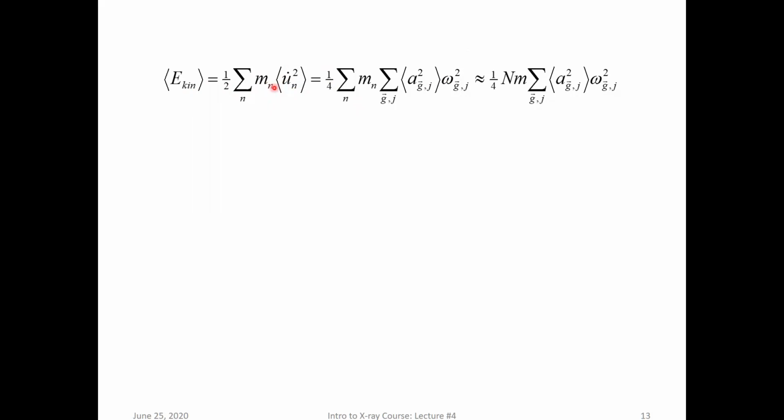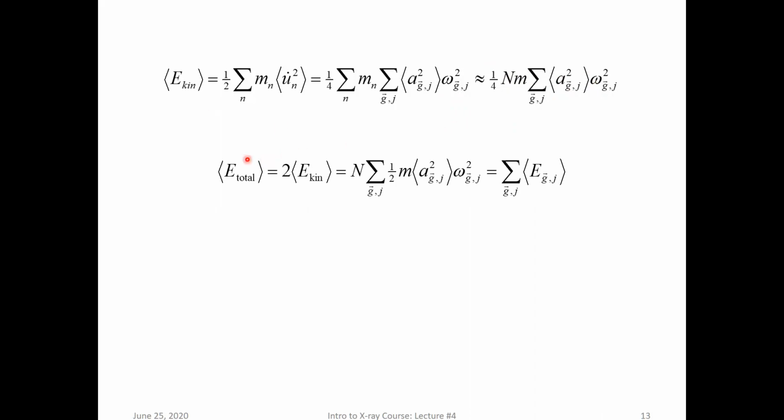So I can put all this through, and I end up with very simple arguments that things go like omega squared. And so I'm proportional to the number of atoms in my sample. If they all have the same mass, this is the number of them. This is just the amplitudes and their frequencies.